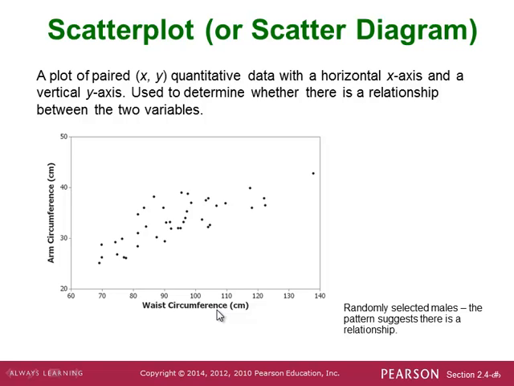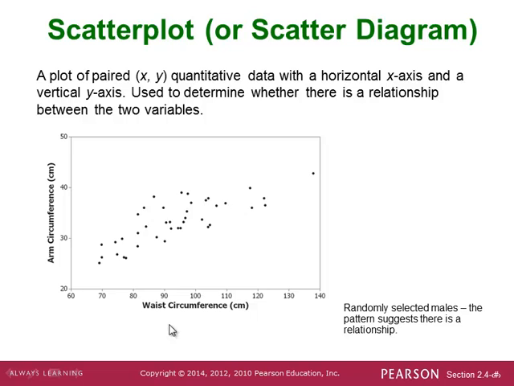It doesn't really matter which variable goes on the horizontal or the vertical axis, but you choose one of the two variables. We'll talk more about variables at a later date, but just understand that waist circumference could be a variable, which it is in this case. And then arm circumference on the vertical.